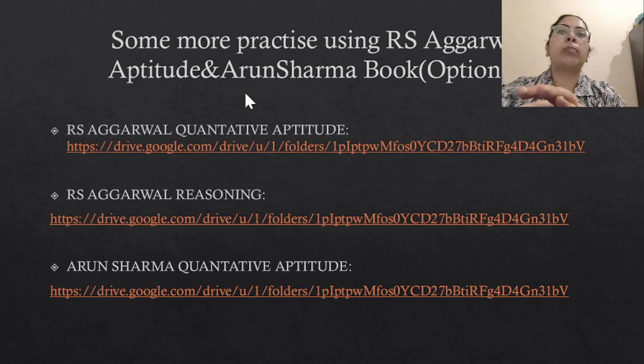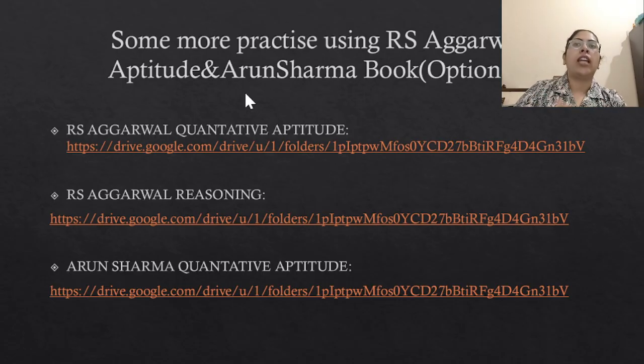Some more practice by using the R.S. Agarwal aptitude and Arun Sharma book. This is completely optional. If you want to give the PGEE examination, then you can follow these books also.